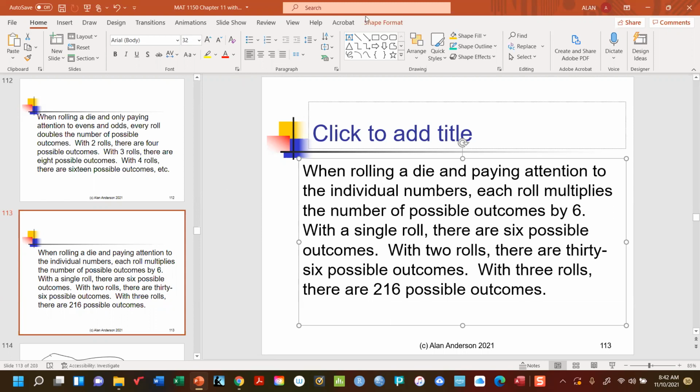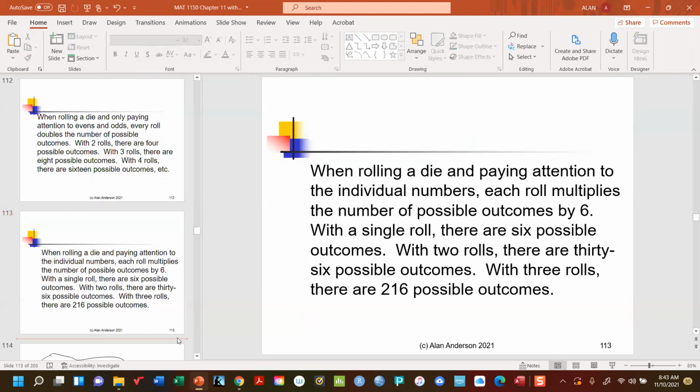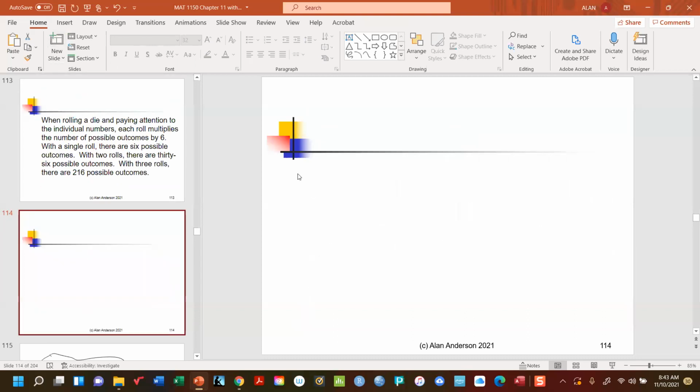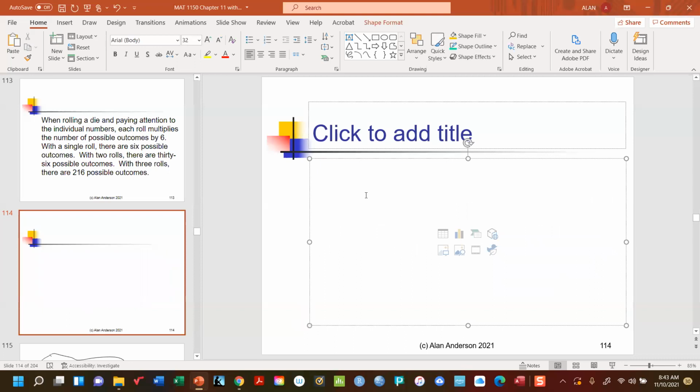What about flipping a coin? Well, flipping a coin is just like rolling the die and only looking at evens and odds. So when flipping a coin, each flip doubles the number of possible outcomes.